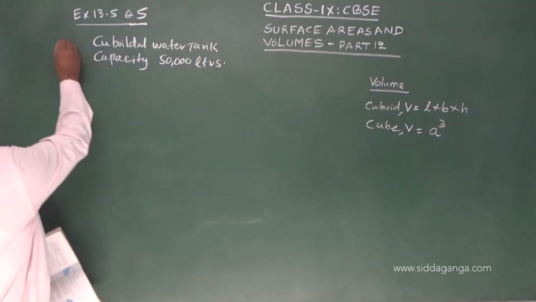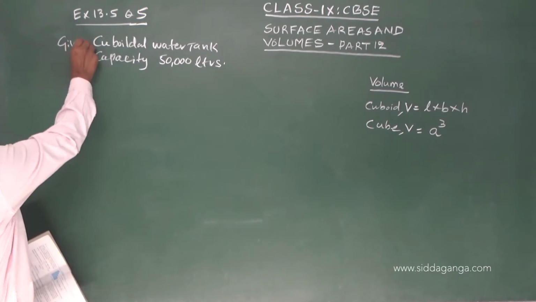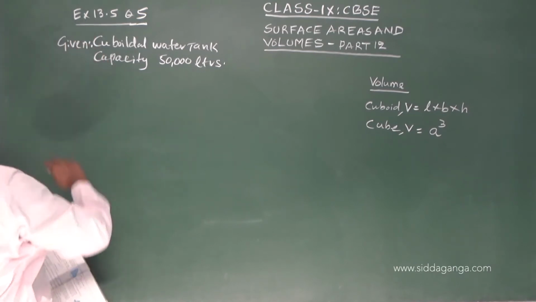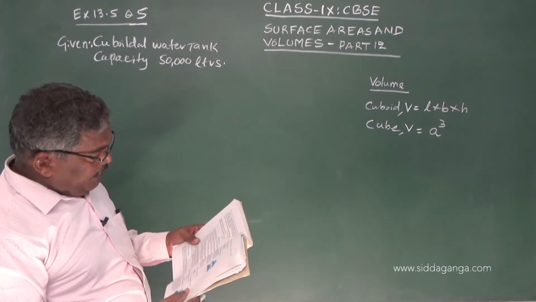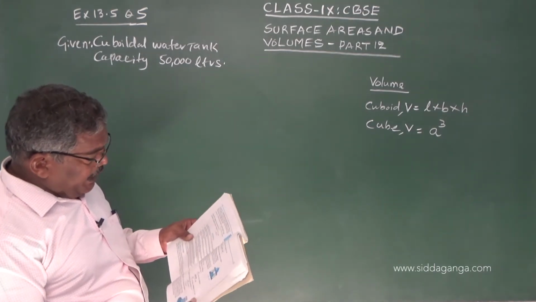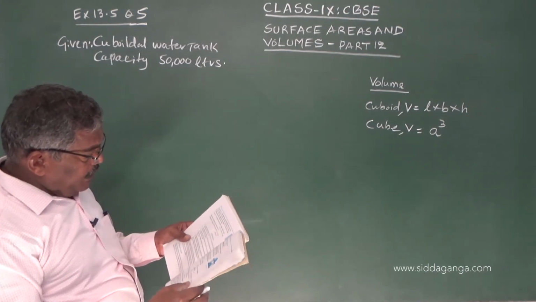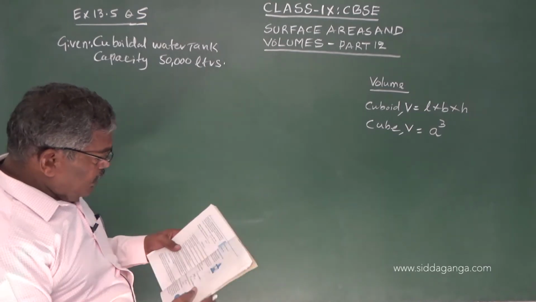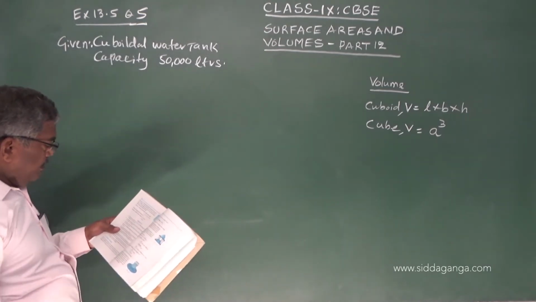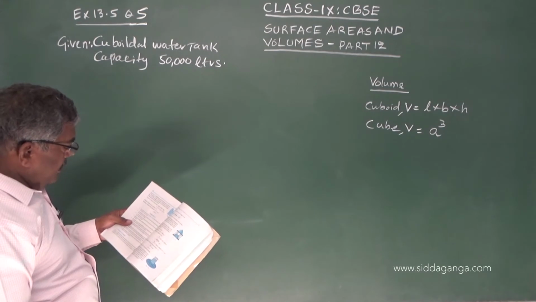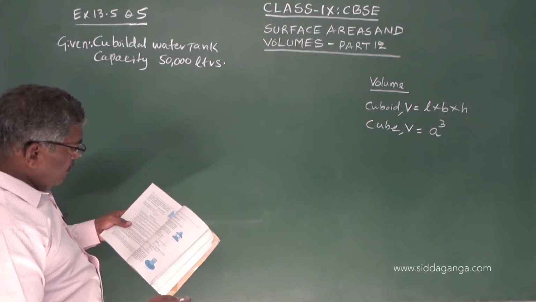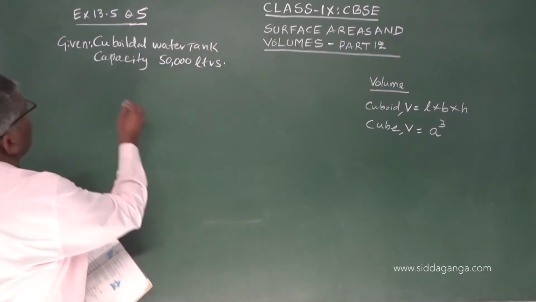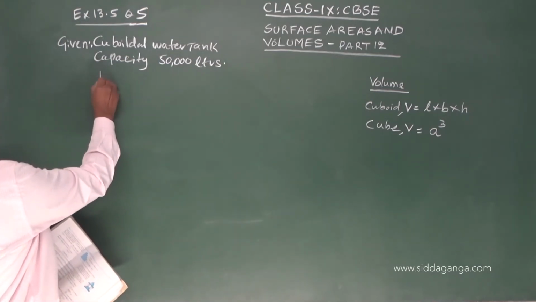So, given data is this data. Now, find the breadth of the tank if its length and depth are respectively 2.5 meter and 10 meter. So, find the breadth of the tank. What is B?